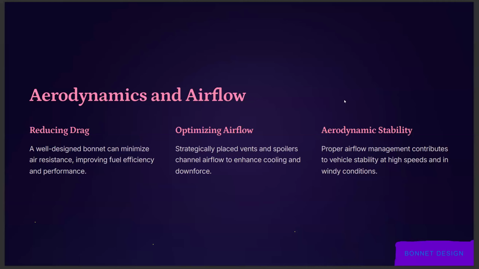If you see a normal passenger vehicle, they have a certain limit or degree of aerodynamics, and it varies. If you take high performance cars, there you have a complete aerodynamic makeover. Why is that? For reducing your drag, and by reducing your drag, you have to optimize your airflow.